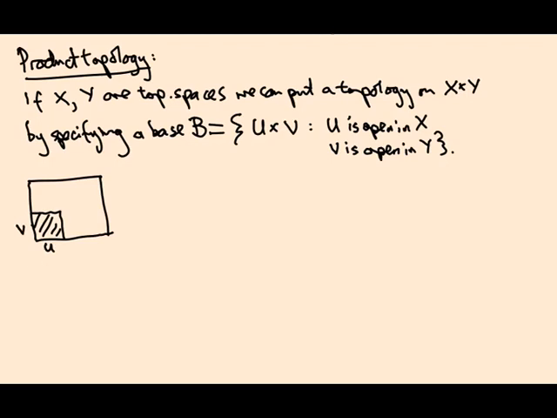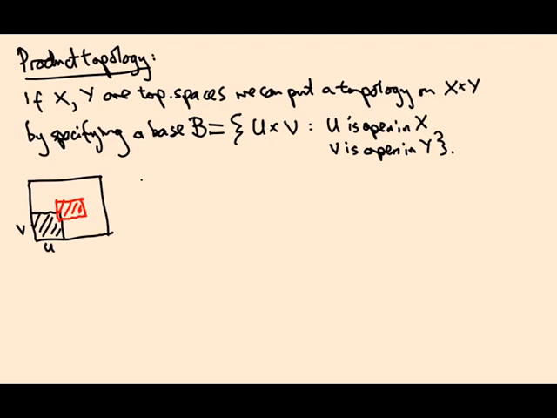And I could take another square, I'll do it in red, maybe this one, which is also of the form u times v for some u's and v's. But the union is also an open set, but it's definitely not a square, or a rectangle even. It's not u times v for anything. It's just some weird shape. So that's not in the base, but it is in the topology.